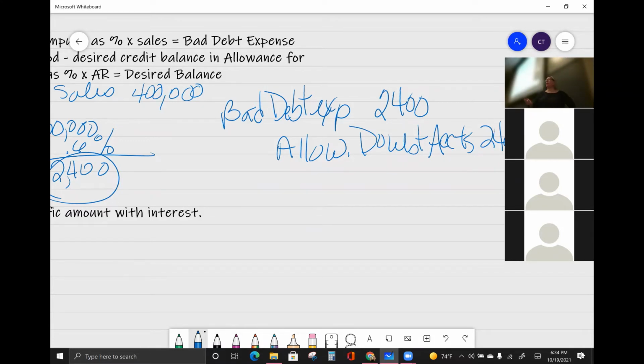Okay, so I'm recording my expense for the year. Now, as I go and I determine somebody is not going to pay, it's going to be uncollectible, then I would do a debit to allowance for doubtful accounts and credit that accounts receivable, like we did a minute ago.